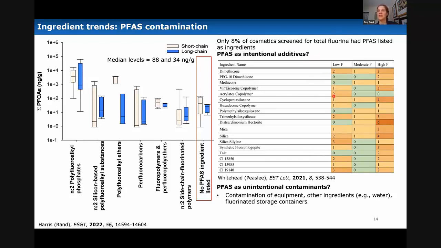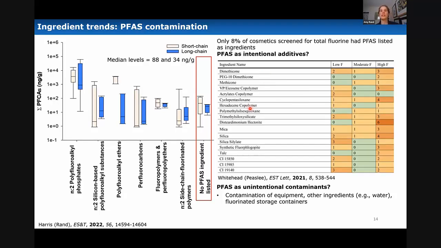And generated this heat map trying to connect the various ingredients, the non-fluorinated, non-PFAS ingredients that had high or low levels of total fluorine. And coming out of this research, they noted that ingredients can sometimes be co-treated with a PFAS like PAPs in order to impart and improve the ingredient's durability as well as wear.